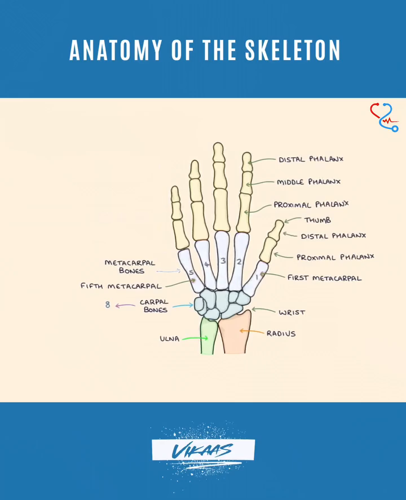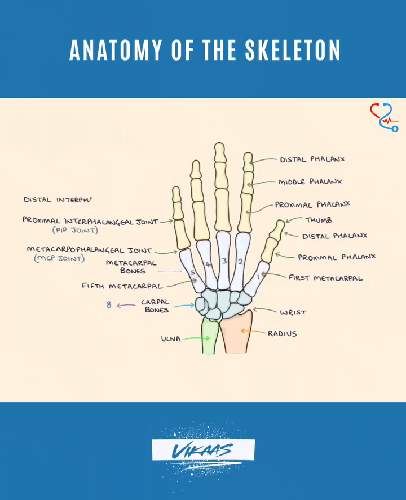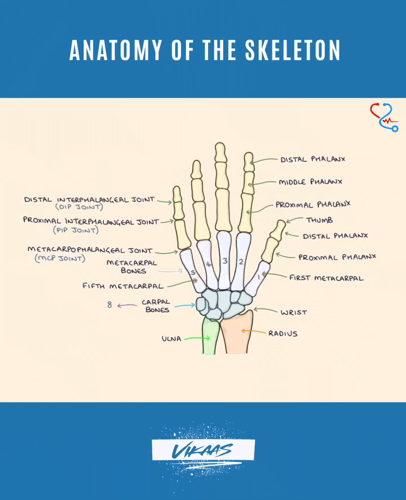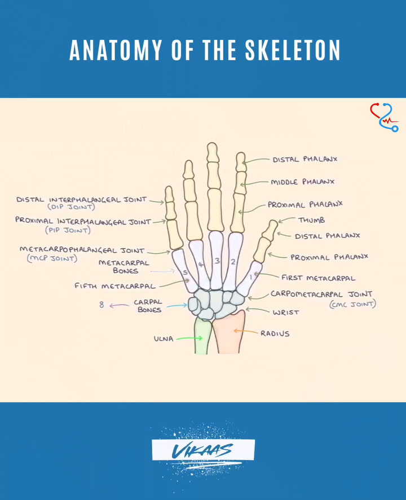If we move from the base to the tip of each finger, there is the metacarpophalangeal joint, or MCP joint, proximal interphalangeal joint, or PIP joint, and the distal interphalangeal joint, or DIP joint. At the base of the thumb is the carpo-metacarpal joint, or CMC joint.